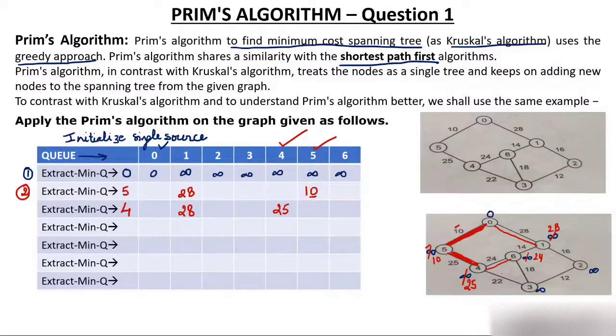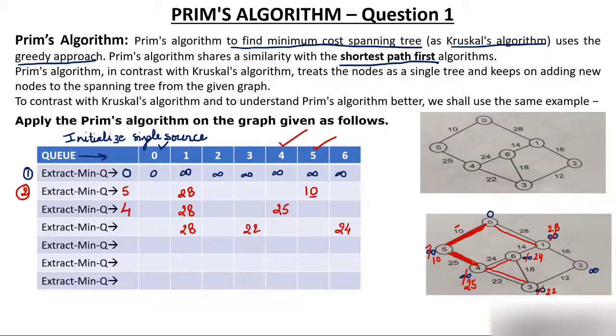Just now you have identified 6, and this is 22, and this is infinity. Make it 22 and make a double line. Fine. So what changes did you make after extracting 4? 6 has become 24, and 3 has become 22, and still 28 is in the queue.